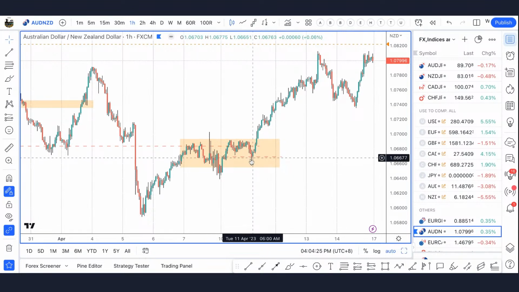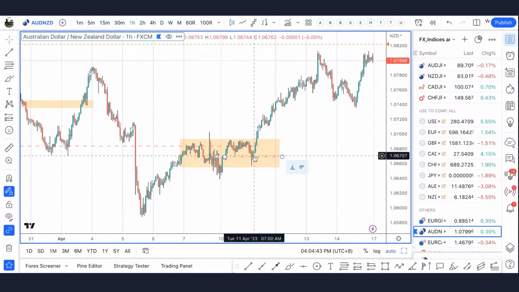So if this thing doesn't close significantly below, and it forms such a pin bar, it doesn't convince me to go on short on this. So anyway, this wasn't a short for me.